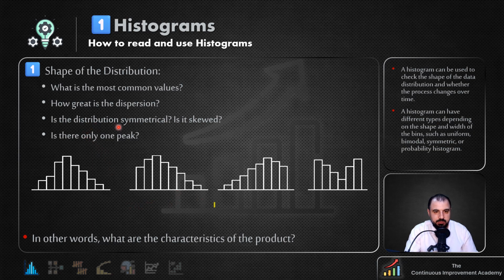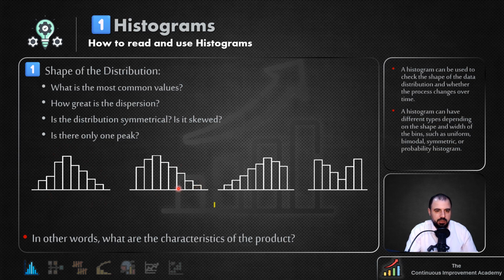Is the distribution symmetrical? Is it skewed? By symmetrical, we mean that if we look at the middle of the distribution, does the right-hand side look more or less the same as the left-hand side? In this case, it is symmetrical. This one looks symmetrical.